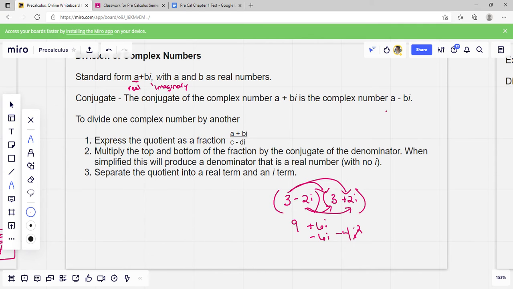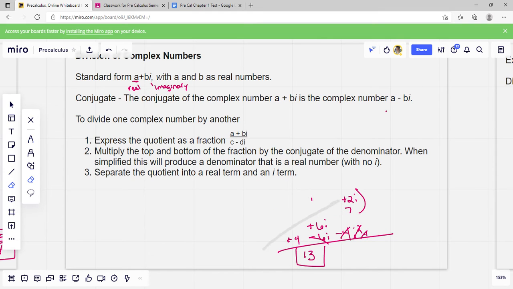And i squared is negative 1. Negative 1 times negative 4 would be positive 4. It's a real number now. These two cancel each other, and 9 plus 4 is 13. So that whole thing right there simplifies to 13. It's going to get rid of all of your imaginary numbers when you multiply something times its conjugate.